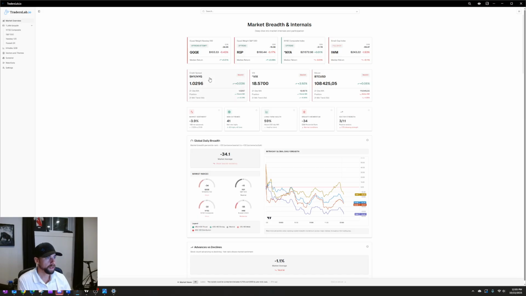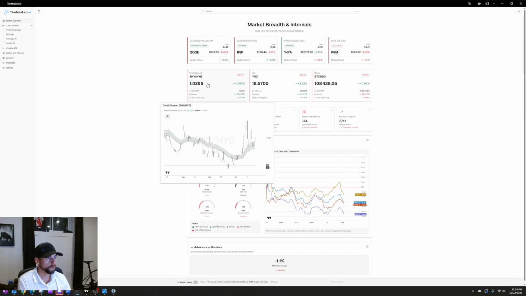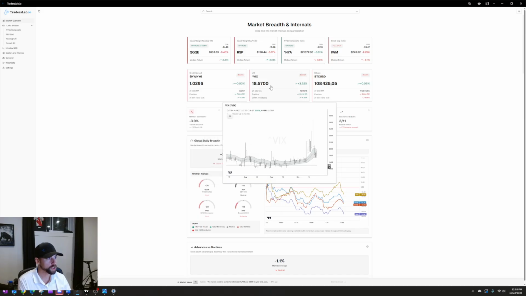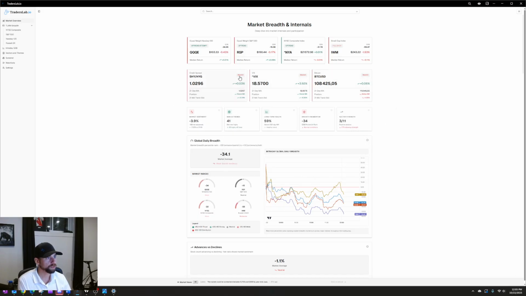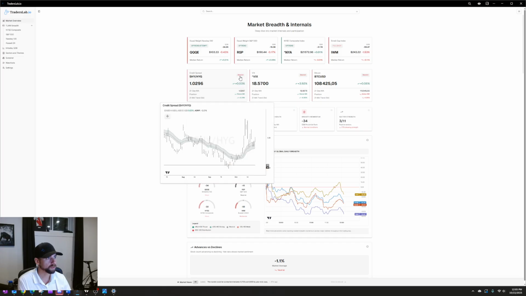If you hover over the tile, then you will have that mini chart, and otherwise you have small signals based on where the price is relative to the daily structure. Is the price above or below the daily structure, and is the daily structure rising or declining?